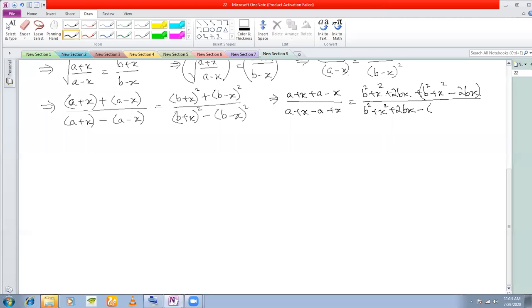I keep the brackets; I'll open the brackets in the next step because in the denominator I have a negative sign. You have plus x and minus x cancelling out, so only left with 2a. And here you have plus a and minus a cancelling out, so you have only x left. Now you open the brackets on the right hand side.